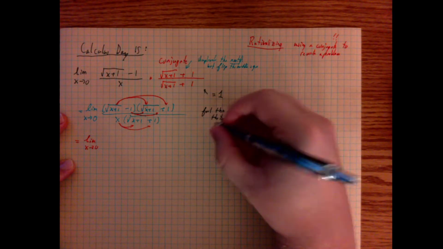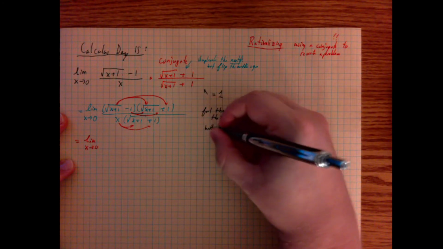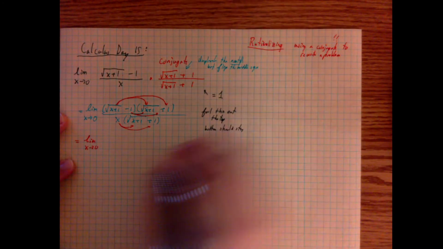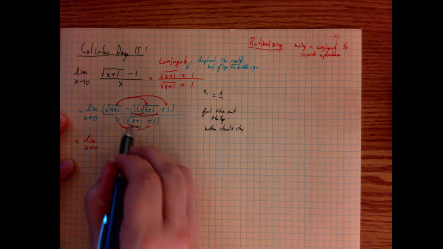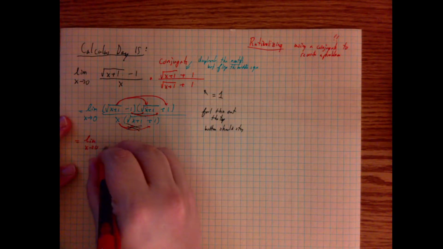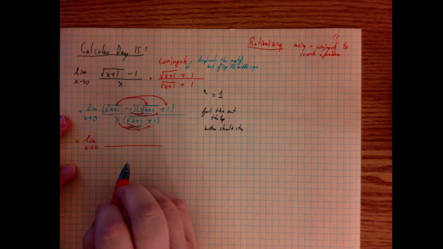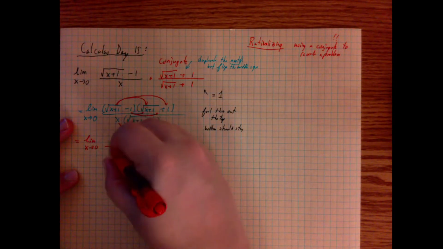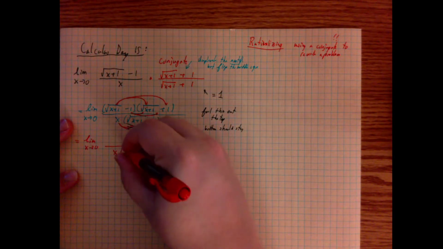The bottom should probably stay. Like this bottom step, I'm going to skip. I would not recommend doing that step, just because if our goal is to cancel, then I should leave the top in factored form. So there we go. So I'm going to leave the bottom.